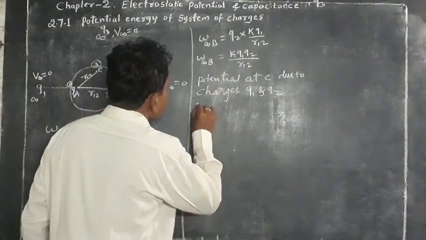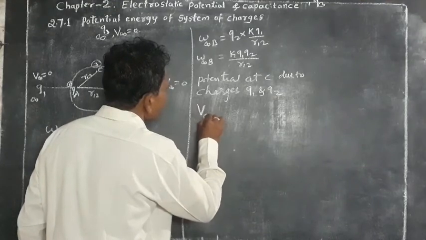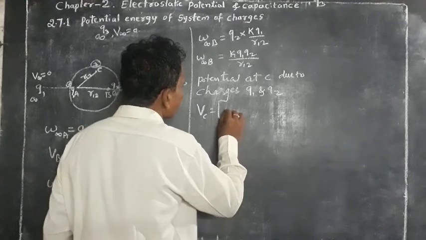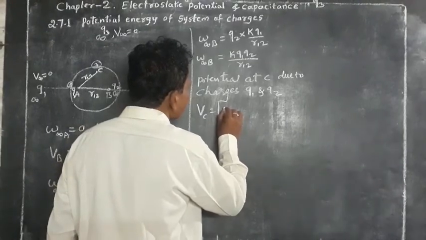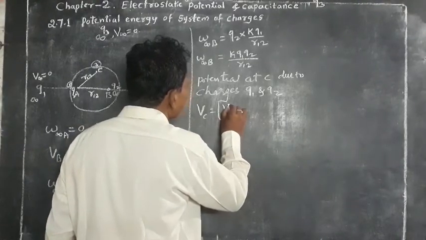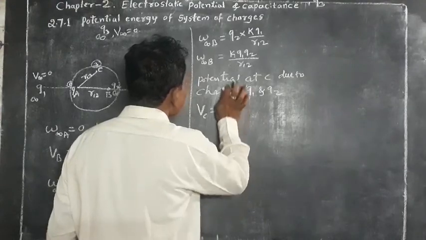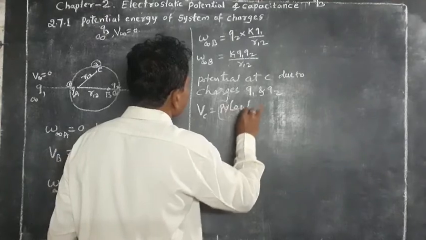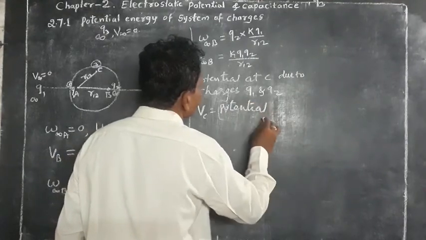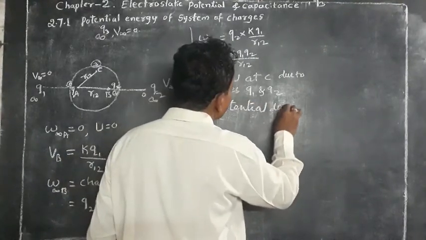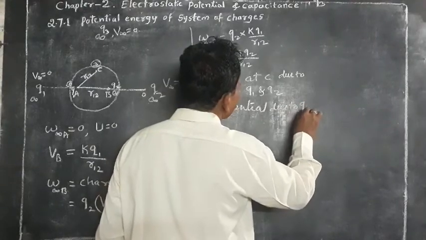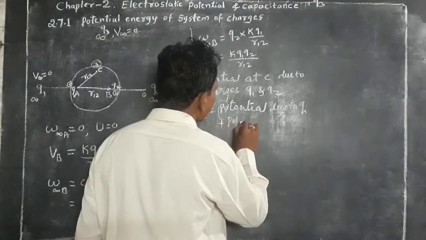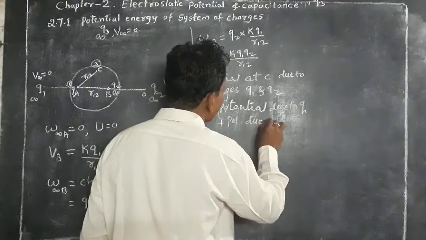Therefore, Vc, potential at C, is equal to the sum of potential due to Q1 plus potential due to Q2.